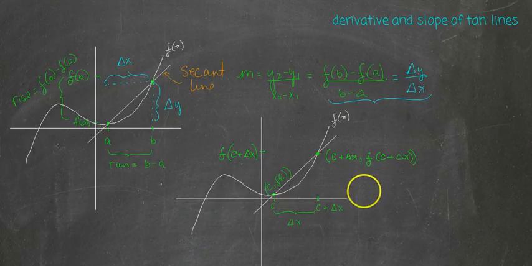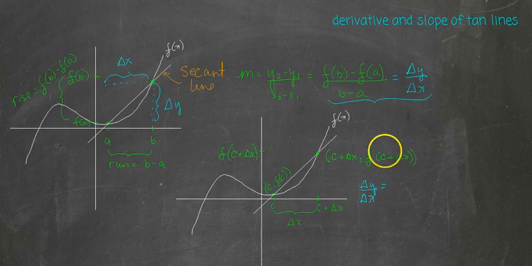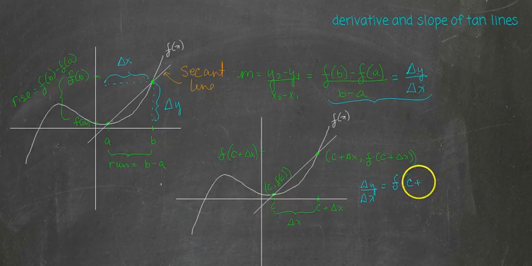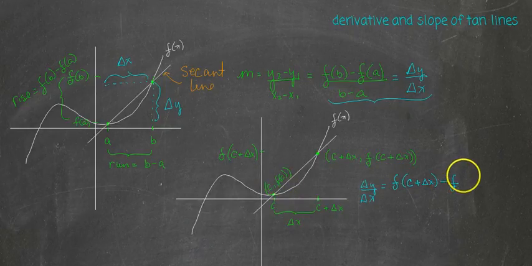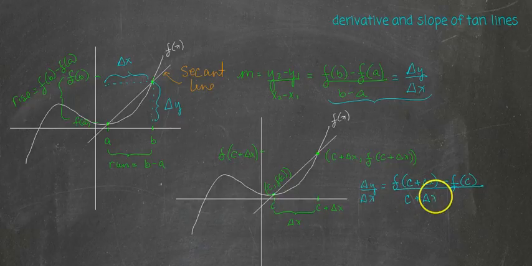So now if I write the slope equation, the change in y over the change in x, I get y2 is the f of c plus delta x minus the f of c over c plus delta x minus c, right?